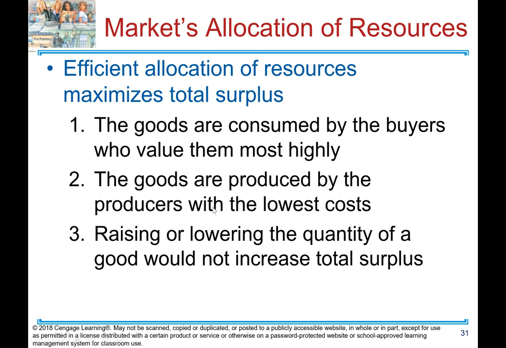If you remember, the goal of an economy is efficient use of scarce resources. So the goods should be produced by those producers with the lowest cost. Number three, raising or lowering the quantity of a good would not increase total surplus.